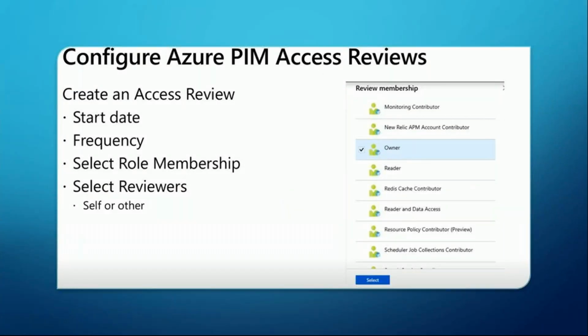Okay, so we have the views available to configure Azure privileged access management. What is the requirement of privileged access management? The thing is to understand how to create access reviews: the start date, the frequency, select role memberships, and select the reviewers, self or others. The privileged access management requirements depend on what type of approvals and what access is required by different persons.